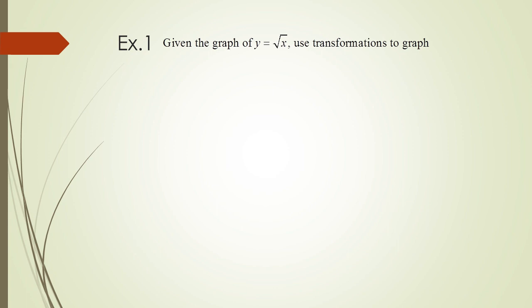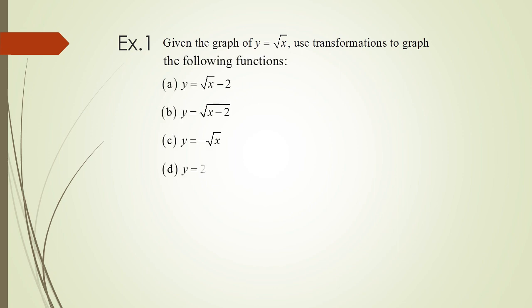Given the graph of y equals root x, use transformations to graph the following functions: a, b, c, d, e. We already know y equals root x. You can take it as y squared equals x, which means you rotate the parabola y equals x squared by 90 degrees and you only take the positive part.